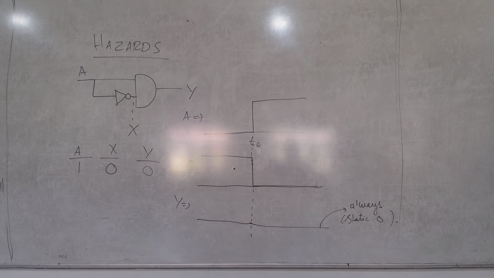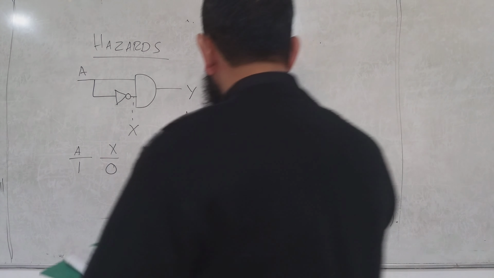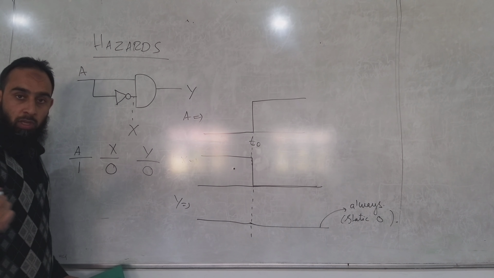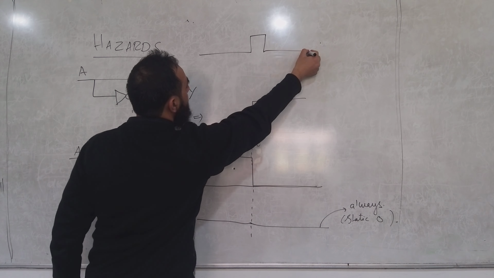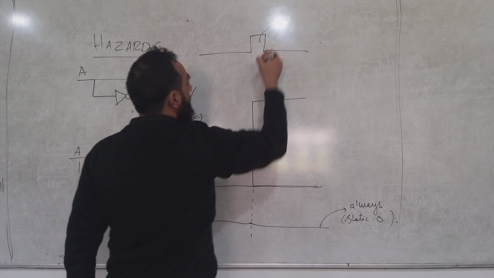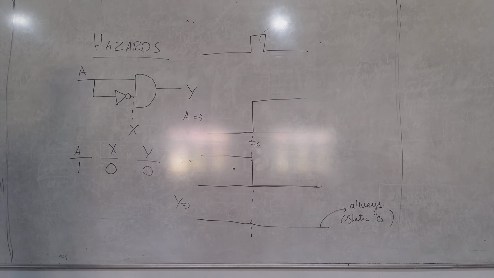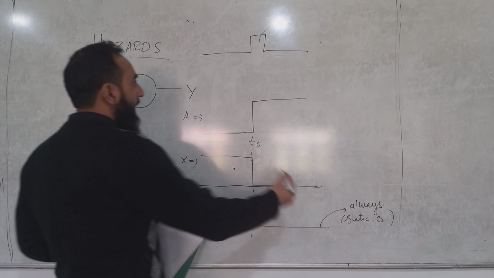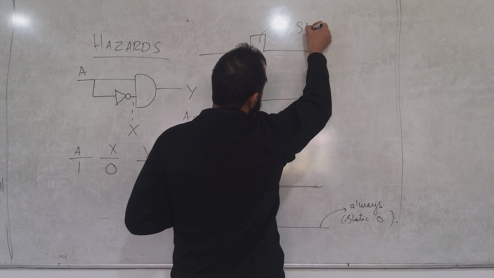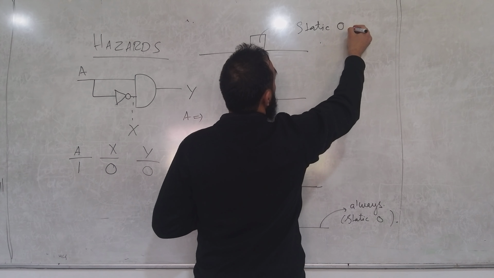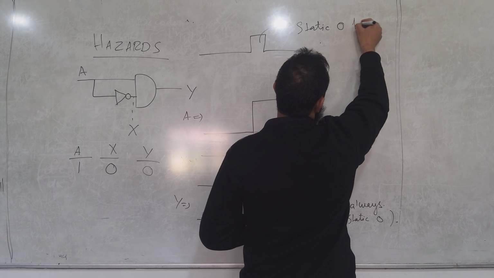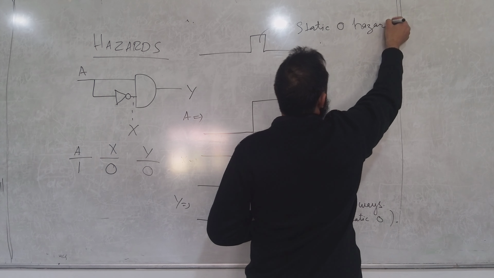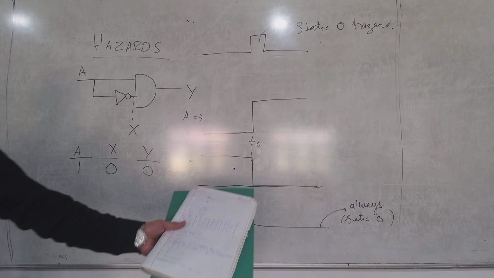So 0 will obviously change to 1. In such cases where you have a static 0 and there is some unwanted change, and the change is that you have a logic 1 unnecessarily coming up, this type of hazard is called static 0 hazard. Static 0 hazard is the name. Understood?